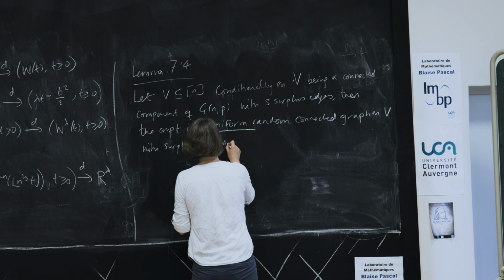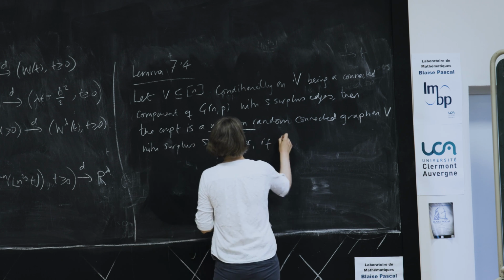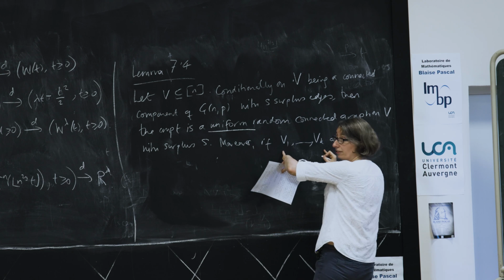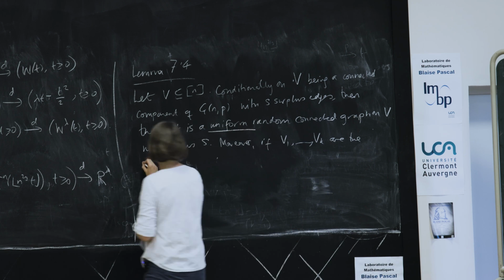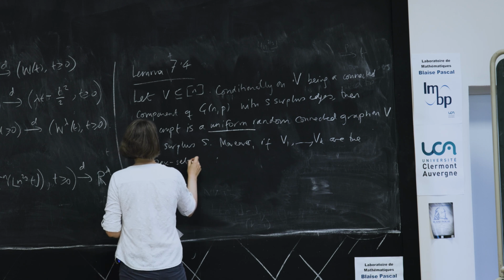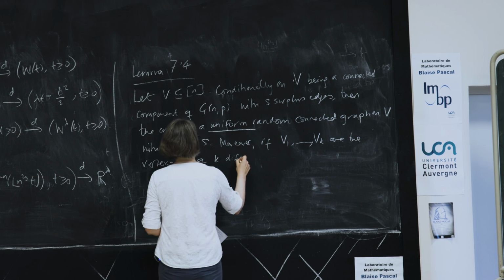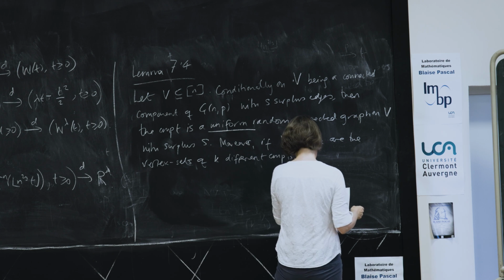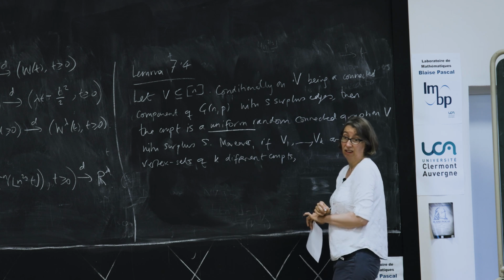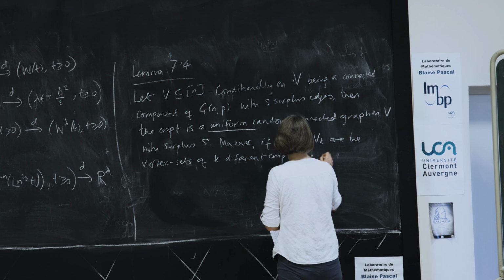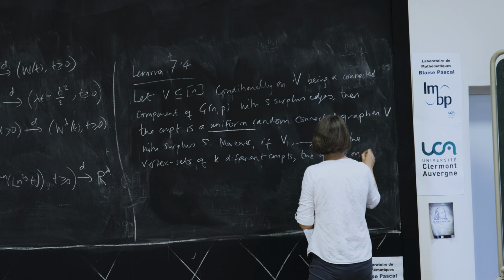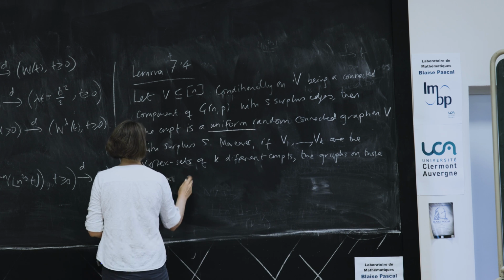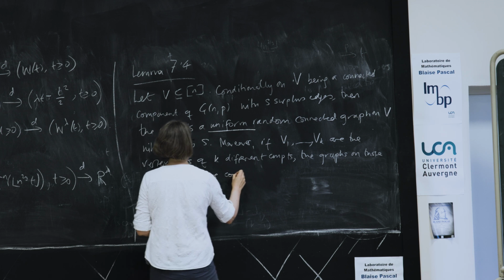And moreover, if V1 up to Vk are the vertex sets of a collection of k different connected components, the graphs on those vertex sets are independent of one another. So conditionally independent.